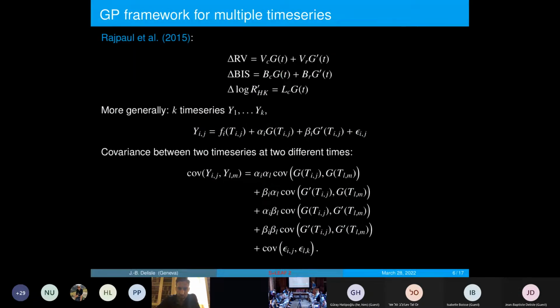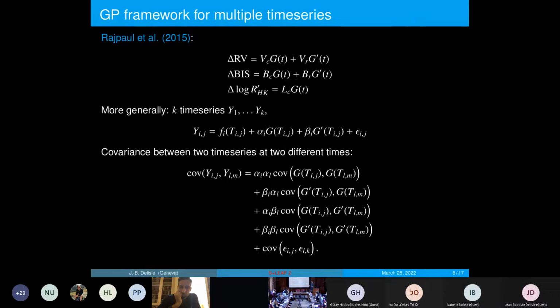So the model of Rajpaul et al. 2015 here is the following. So we model the radial velocities with a coefficient in front of the Gaussian process plus a coefficient in front of its derivative. And we do the same for the activity indicators with different coefficients.